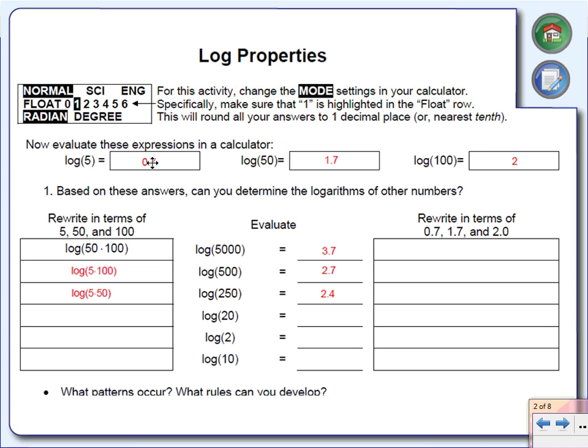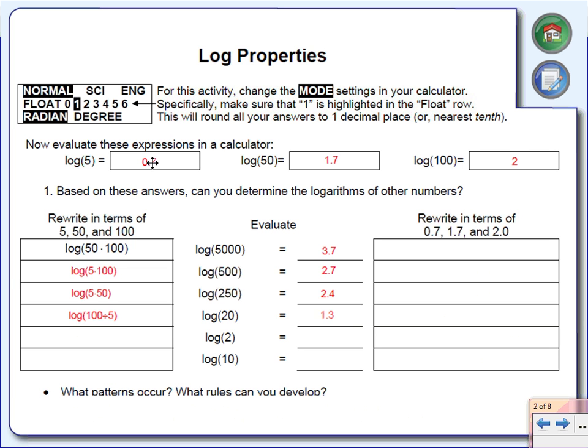What two numbers? 5 and 100. Which one goes first, though? 100. 100 divided by 5 would give us a 20. So that would be the equivalent of the log of 20. What is the log of 20? 1.3.